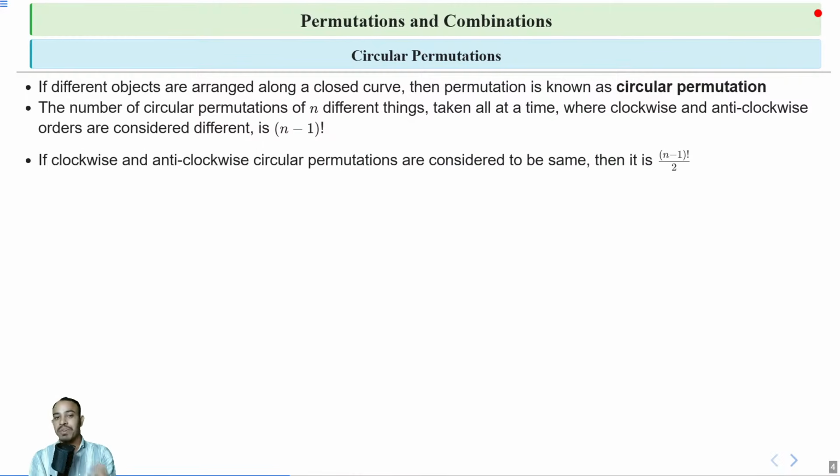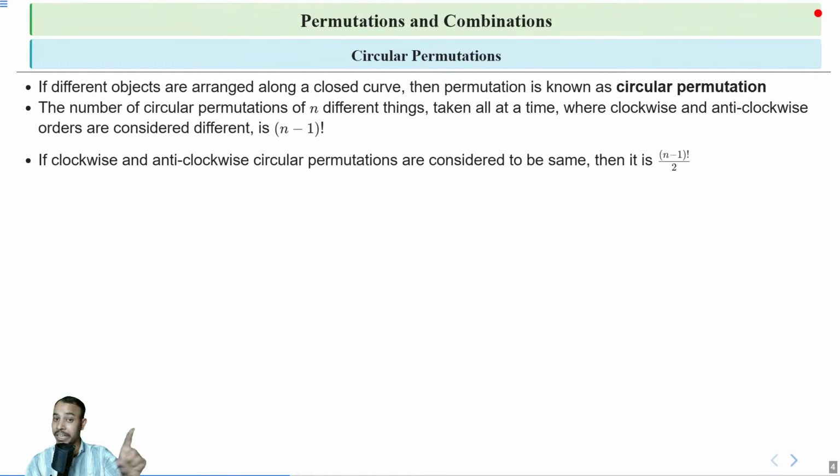Now, if we consider clockwise and anti-clockwise as the same, that means if clockwise and anti-clockwise circular permutations are considered to be the same, in that case the number of circular permutations of n different things taken all at a time is (n-1)!/2. Why?